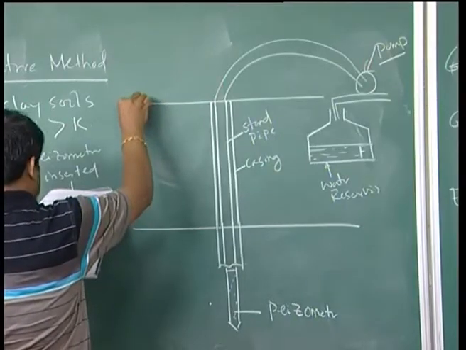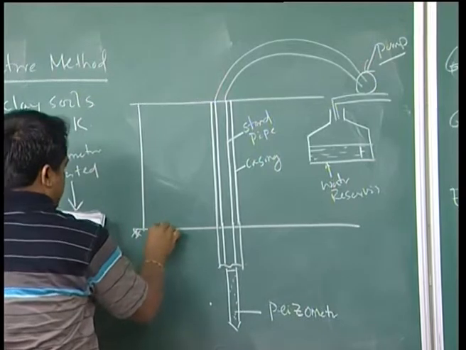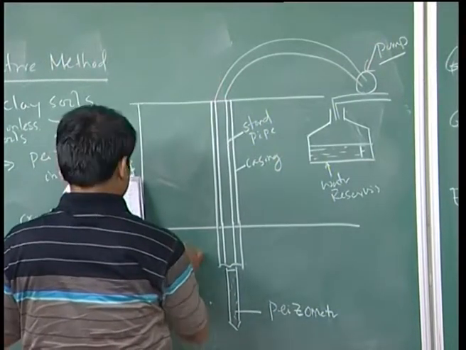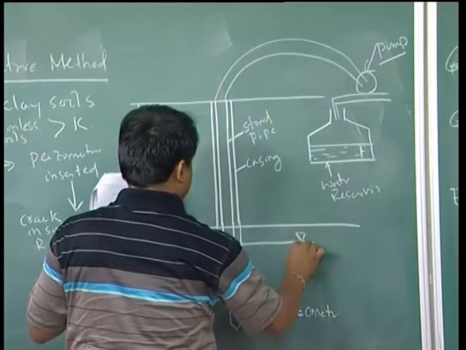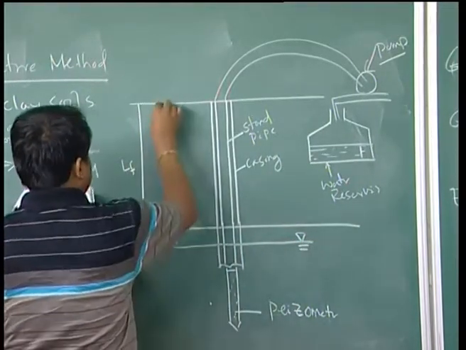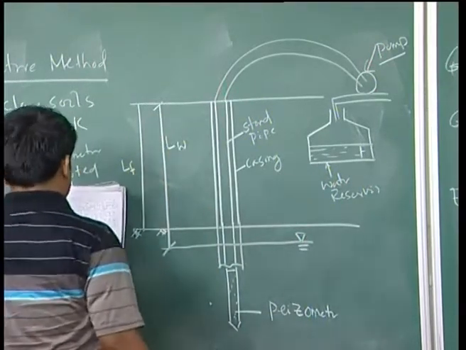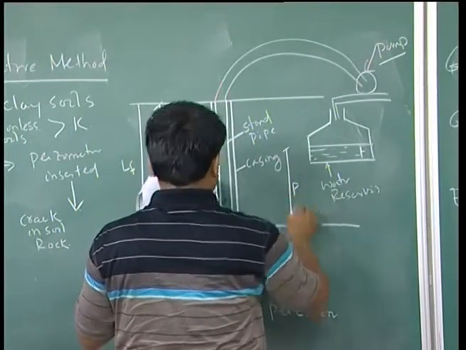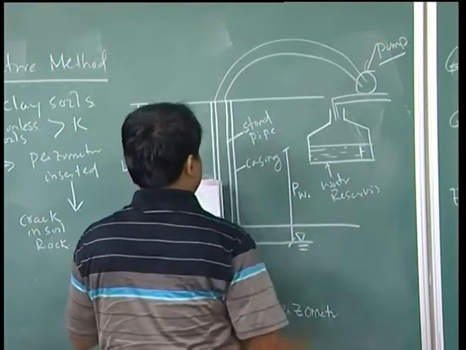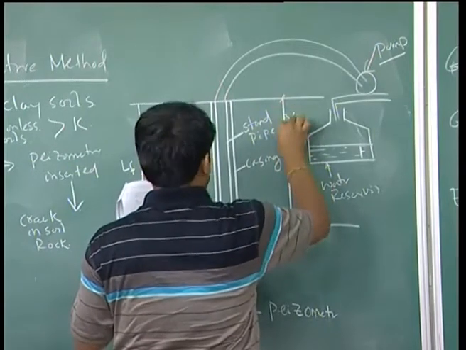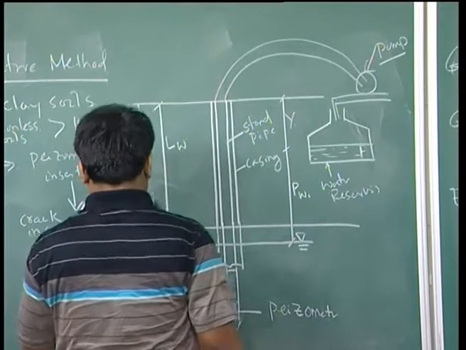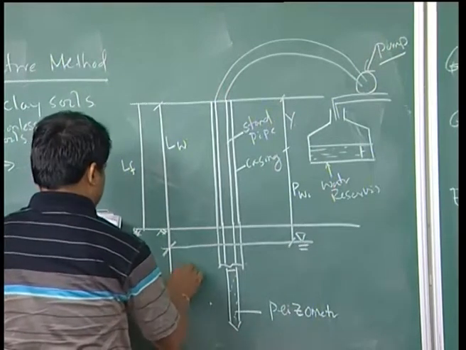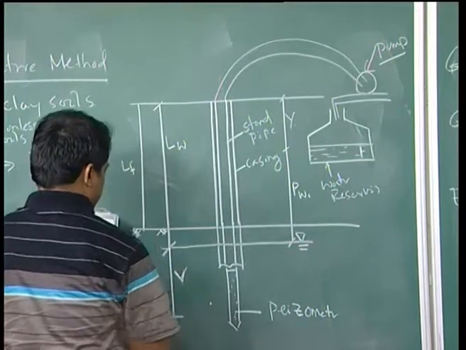If I write, this is my ground surface and this is termed LF, then with this water table, this is LW, and the reservoir is full, here it is called PWI and this is height Y. Then volume V is the equivalent volume, or height in terms of volume of the water.